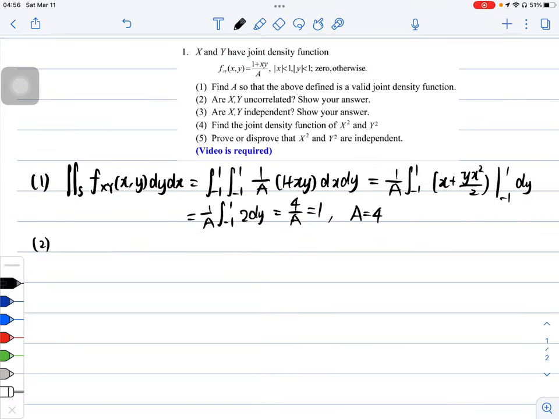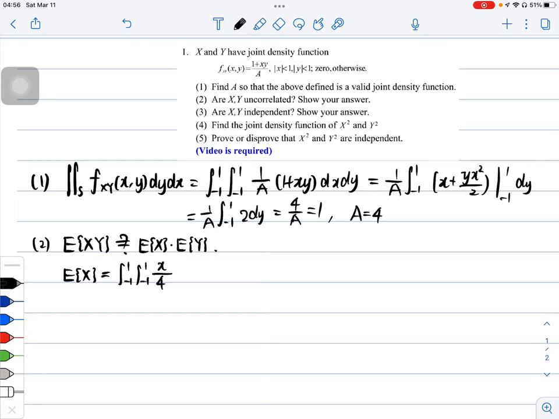For part 2, are they uncorrelated? According to the definition, X and Y are called uncorrelated if and only if their covariance is 0, which means EXY equals EX times EY. The EX is the integral of x times fxy.